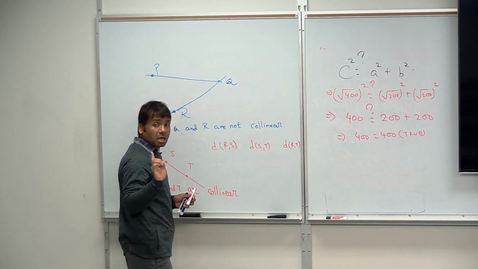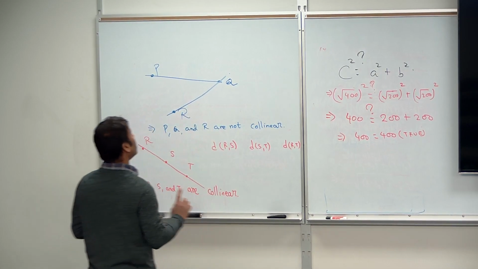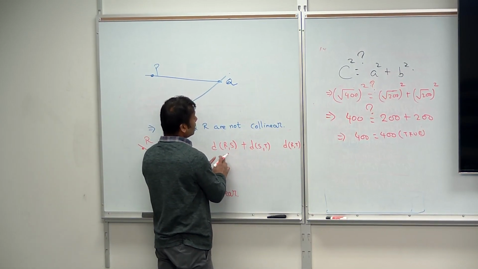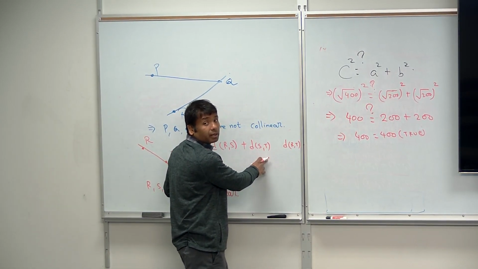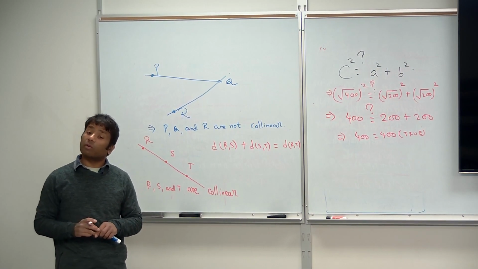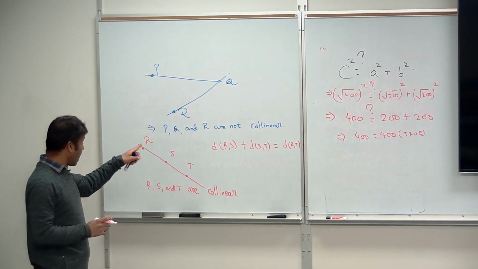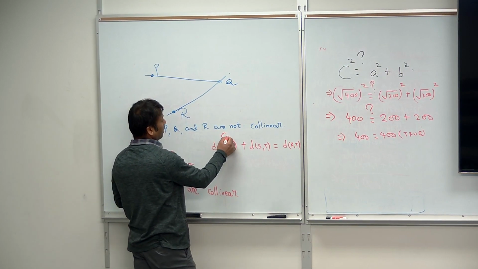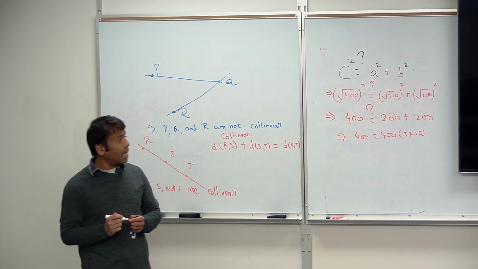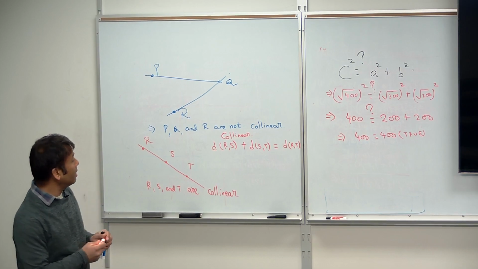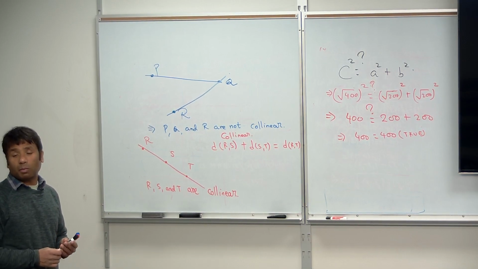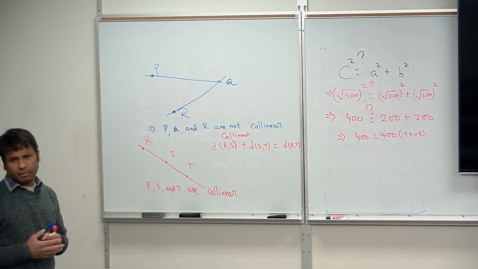If the sum of the distances between 2 pairs of points is equal to the distance between the remaining pair of points, then you can say the points are collinear. Did you get it?